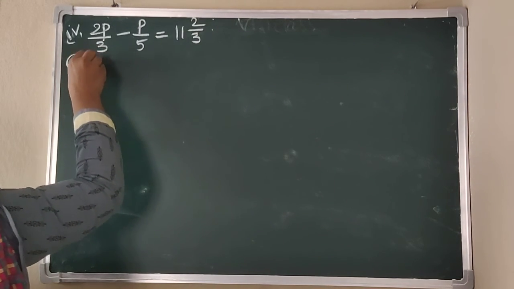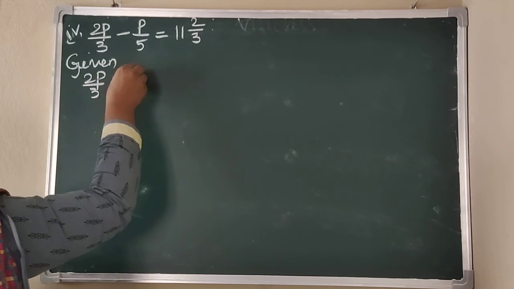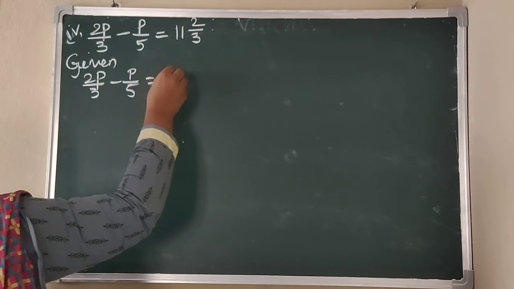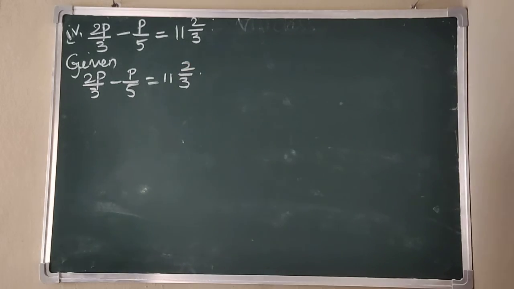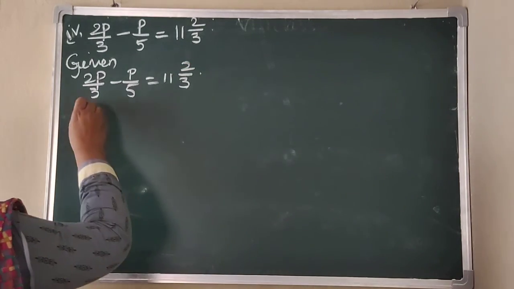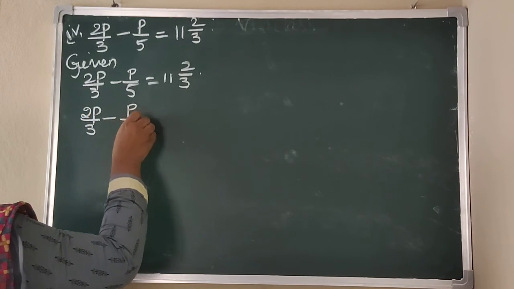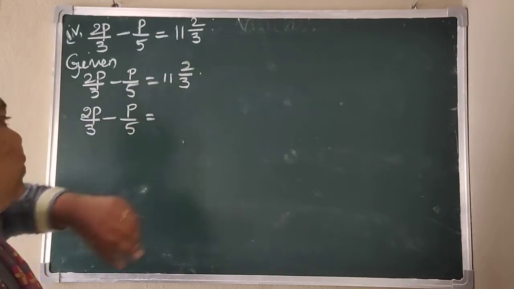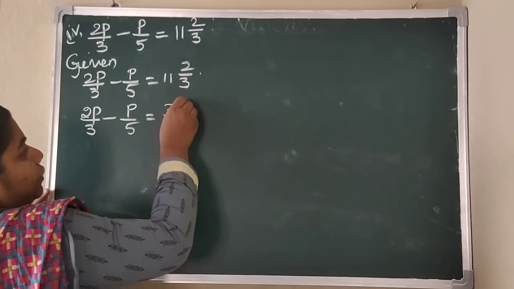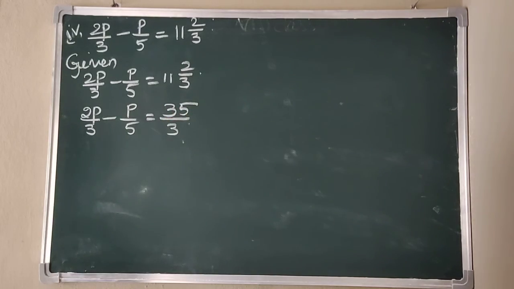So given 2p by 3 minus p by 5 is equal to 11 2 by 3. We have to convert this 11 2 by 3 into the form of an improper fraction. So 3 11s are 33, 33 plus 2 will be 35 by 3.